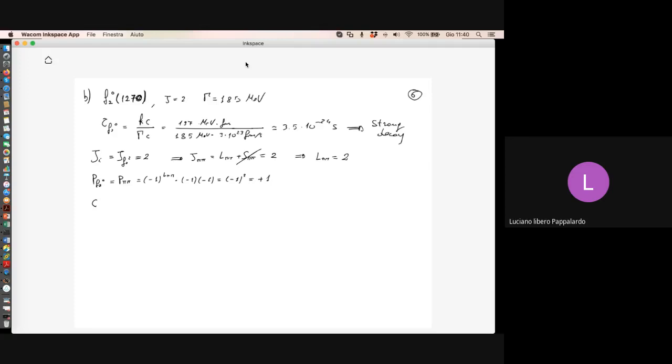Concerning the charge conjugation, of the f2 0, this must be equal to the charge conjugation of the final state, that is (-1)^L pi pi only, that is (-1)^2, and so also here plus 1. And so overall we can write our result as J P C of the f2 0 as 2 plus plus.